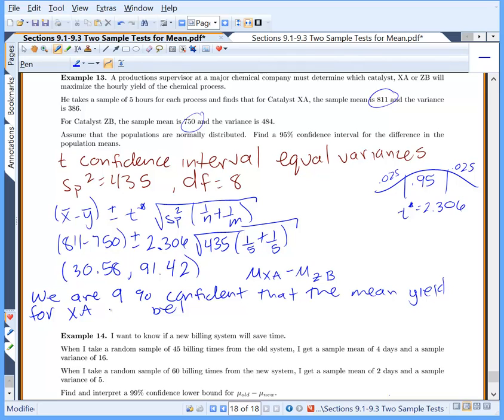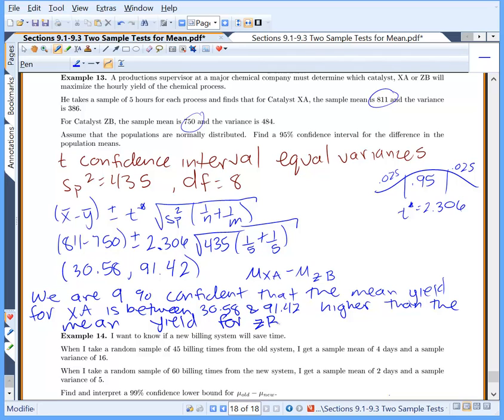The mean yield for XA is between 30.58 and 91.42 higher than the mean yield for ZB. So we're 95% confident that the mean yield for XA is higher, and how much higher? Well, we're 95% confident that it's between 30.58 and 91.42 higher.